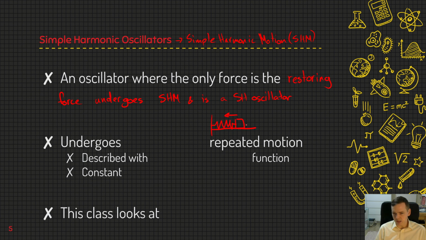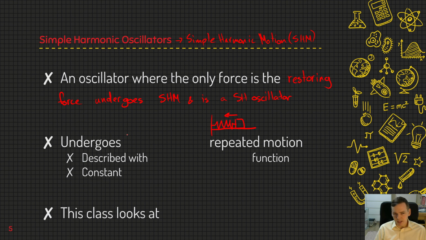So in other words, it's just going to bounce back and forth forever. There's no reason it's going to change its speed. That would be an example of a simple harmonic oscillator undergoing simple harmonic motion. If we add friction in, it'll still be an oscillator, but it's no longer a simple harmonic oscillator because that friction slows it down and it will eventually stop. In other words, it's undergoing damped harmonic motion.